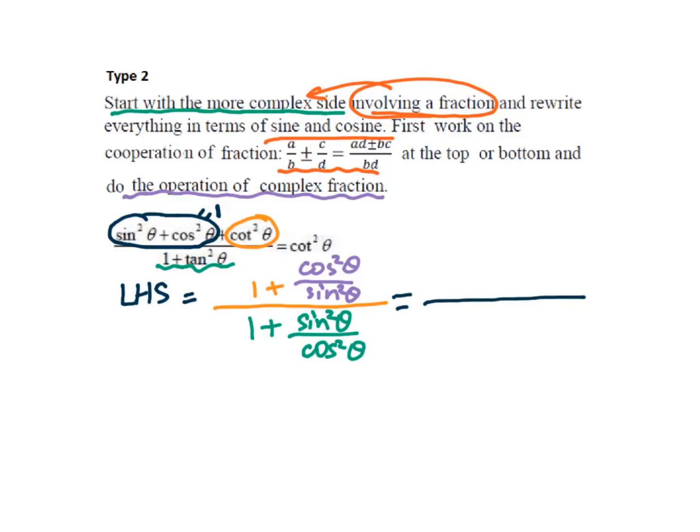So we're working on the fraction on the top and on the denominator. We put over 1, then denominator multiply, then cross multiply. We got sine square theta, and cross multiply, we got sine square theta plus cosine square theta.